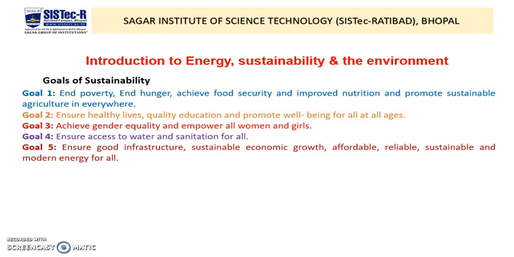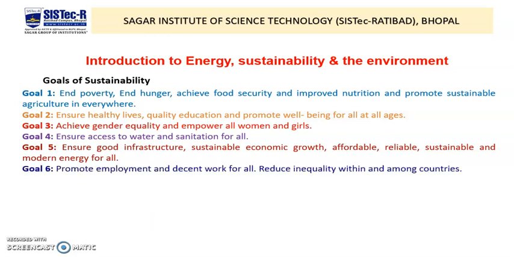Fifth goal is ensure good infrastructure, sustainable economic growth, affordable, reliable, sustainable and modern energy for all. Sixth goal is promote employment and decent work for all, reduce inequality within and among countries.